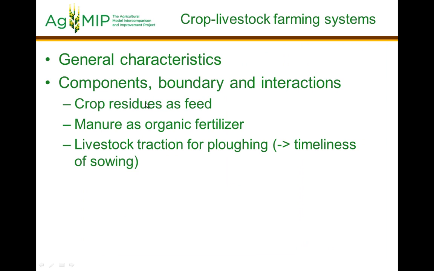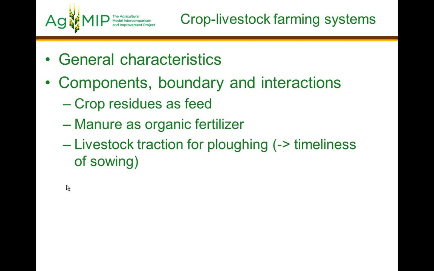Okay, so when we talk about the interactions between crop and livestock, there are a few important ones to mention, and I've listed them here. First of all, crop residues are used as livestock feed, so that is going from the crops to the livestock. Then from the livestock to the crops, we have manure that is used as organic fertilizer.